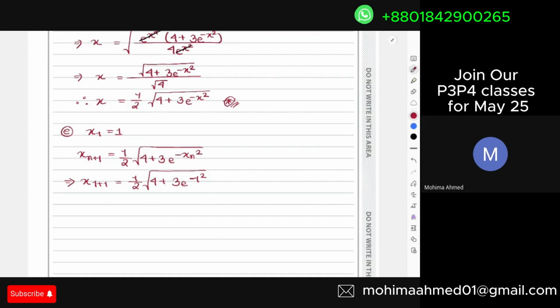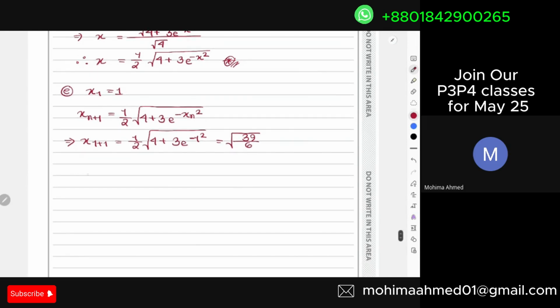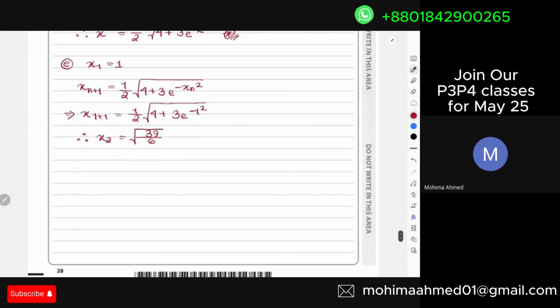Okay, this is an approximate value that you get, root 39 by 6. That means I obviously have to insert this in my x3 value. This, by the way, gives you the value for your x2 also, so I should write this down. Then for x3, we have to insert x2 in the equation.